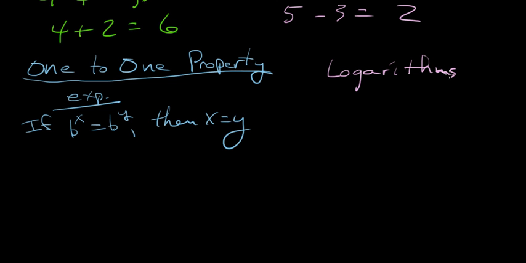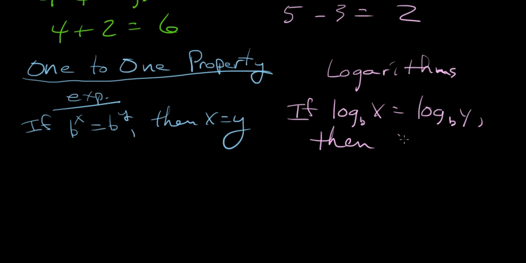Some of you are going to be smart enough to figure this out, or you're going to look at it and say, well, of course. The logarithmic one-to-one property says if log base b of x equals log base b of y, then what? Of course, x equals y.